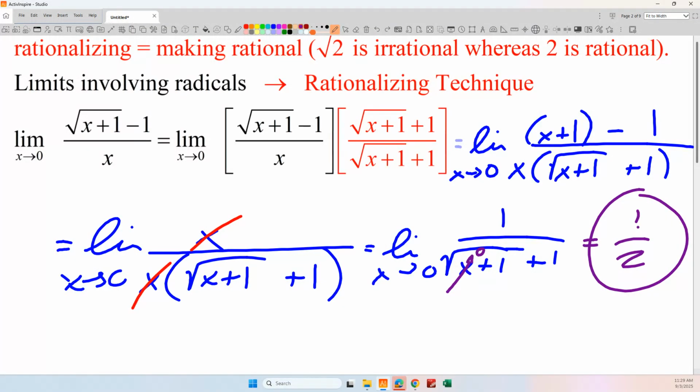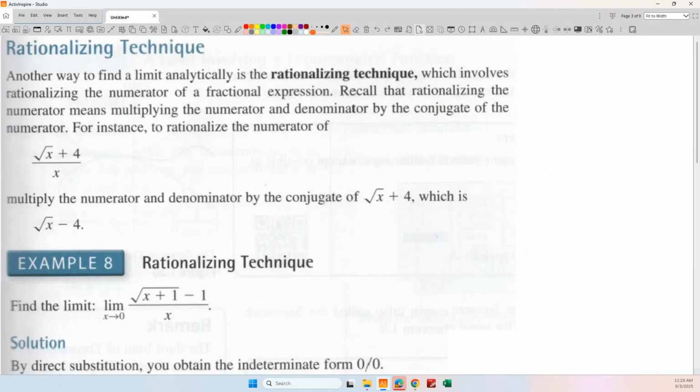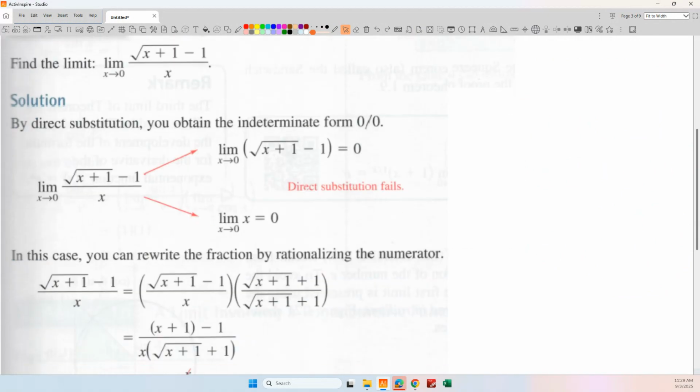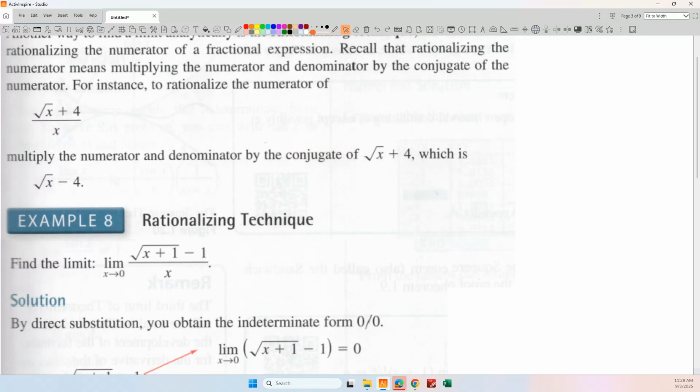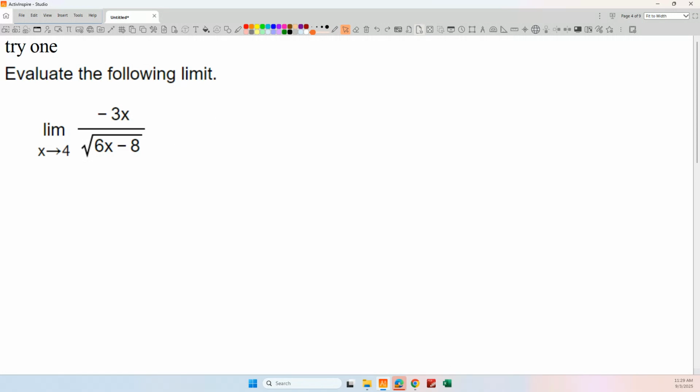Okay? And it always works. That's our rationalizing technique. Just for your notes. That's what we just kind of went through in more detail. It'll be on Google Classroom. Okay, so go try it.